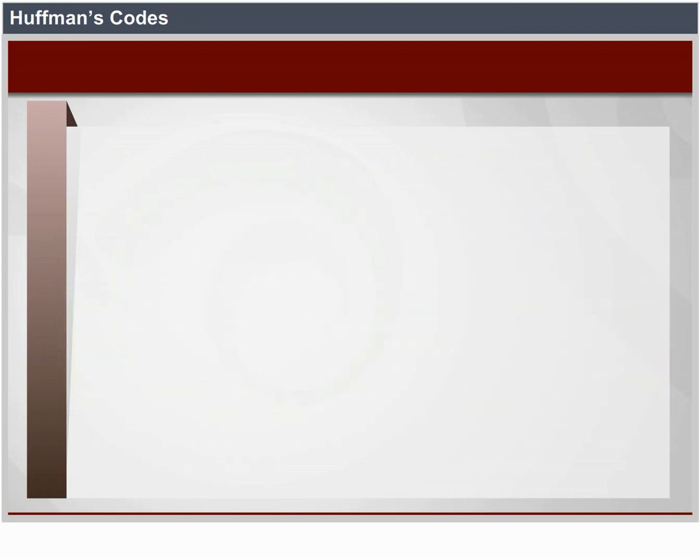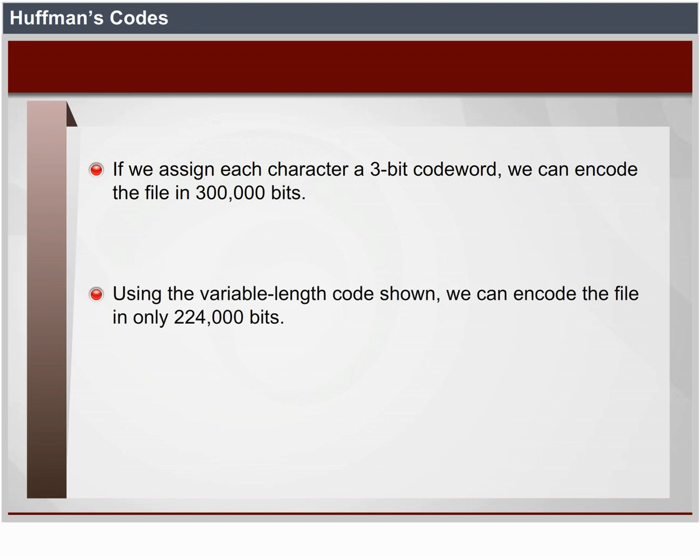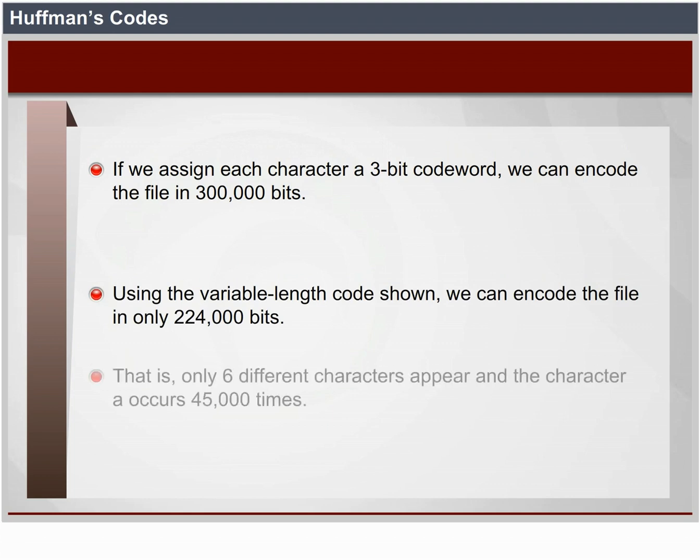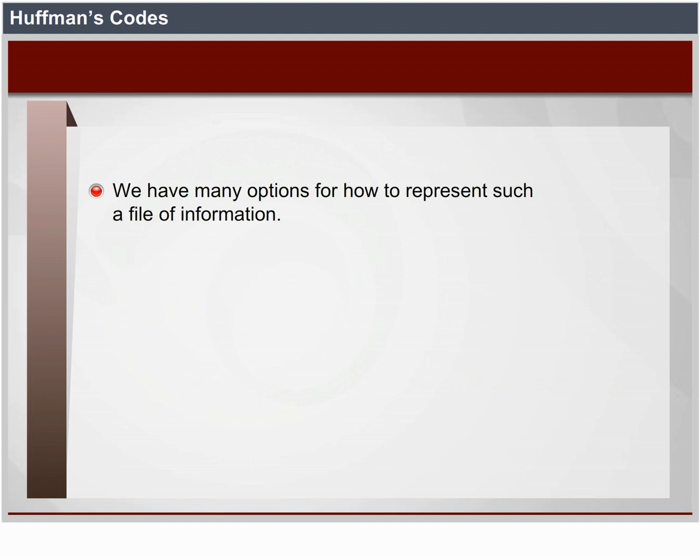If we assign each character a 3-bit code word, we can encode the file in 300,000 bits. Using the variable length code shown, we can encode the file in only 224,000 bits. That is, only 6 different characters appear, and the most frequent character occurs 45,000 times. We have many options for how to represent such a file of information.